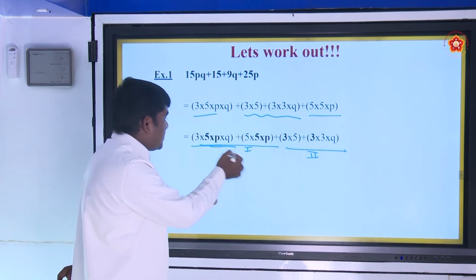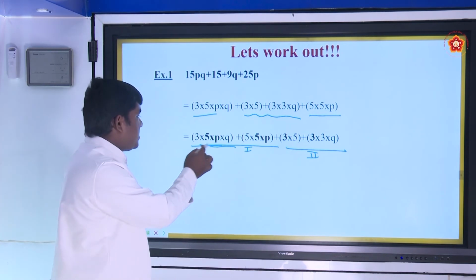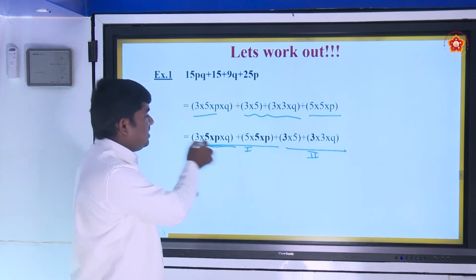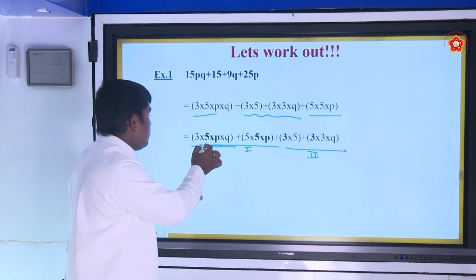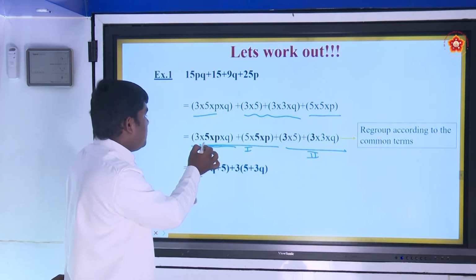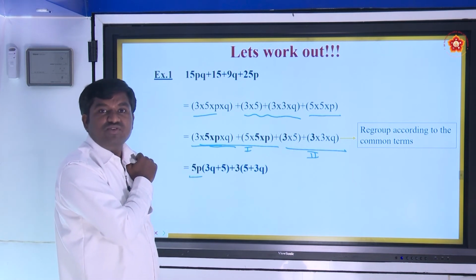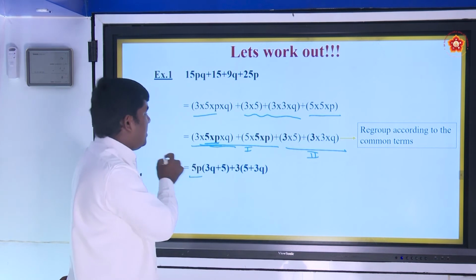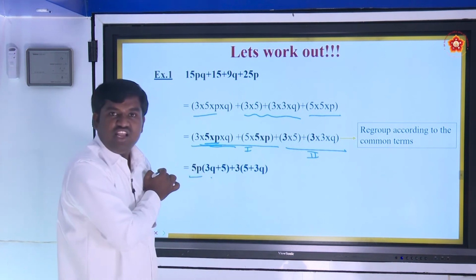So observe in the first group, is something common? Yes, 5p is common in the first group. So take out 5p as common. If we take out 5p, what is the remaining? 3q.